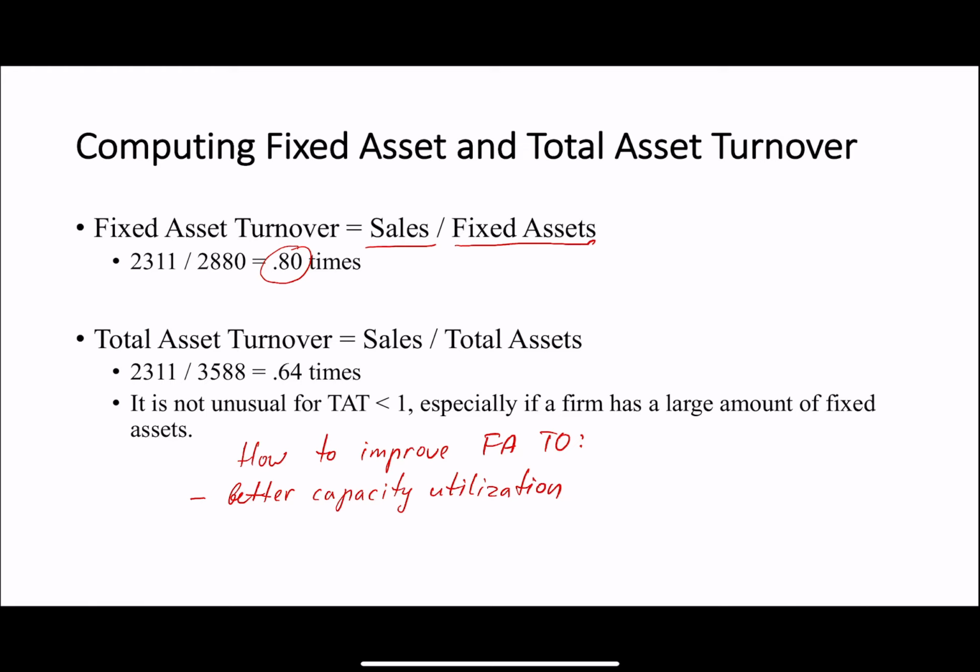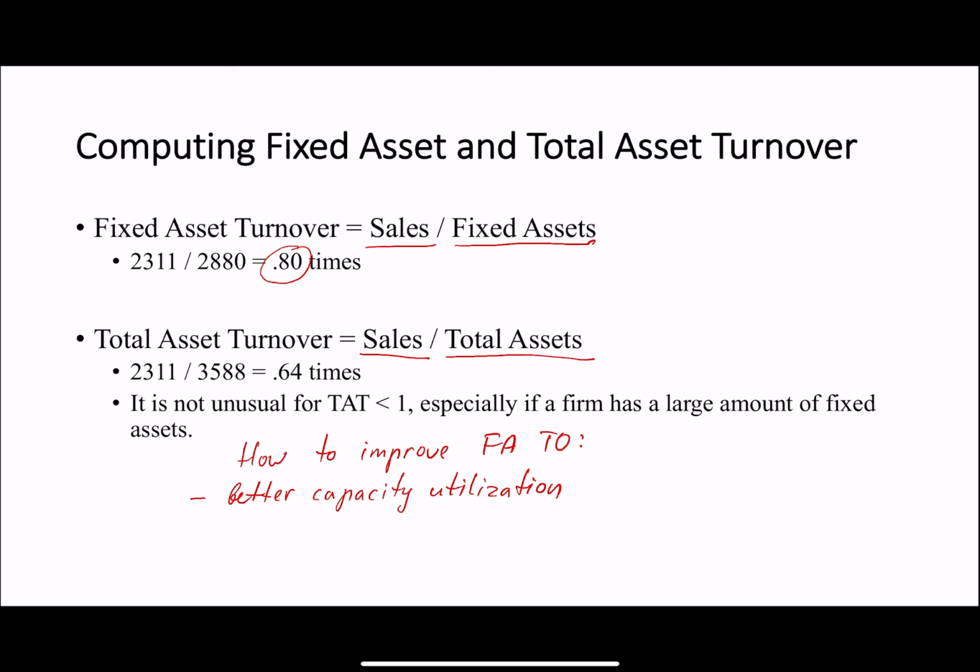Okay, so if I have idle plant, I either load it and try to find some business for that plant, or I get rid of it. Keeping it idle will hurt my balance sheet and it will hurt my earnings and it will hurt my shareholders eventually.